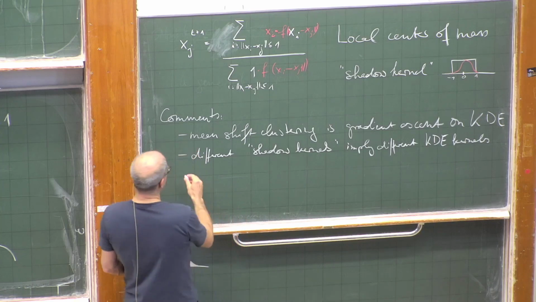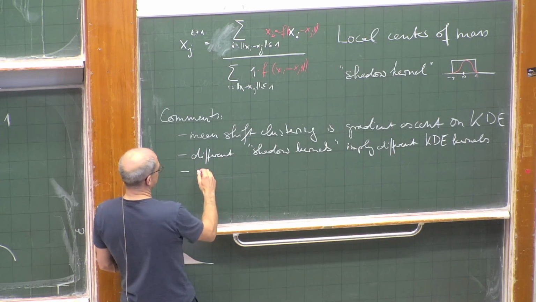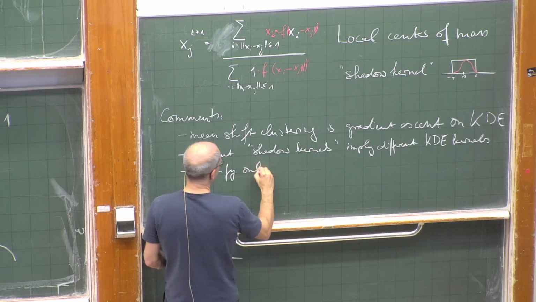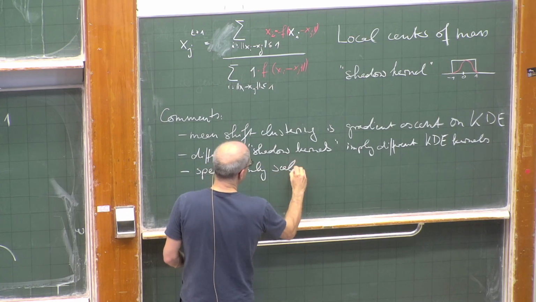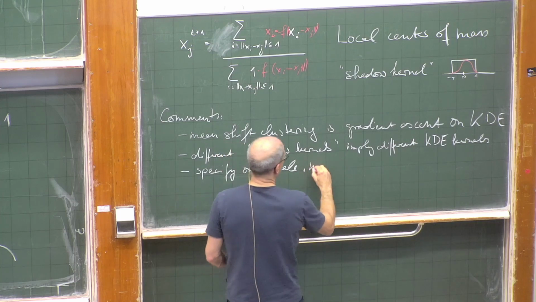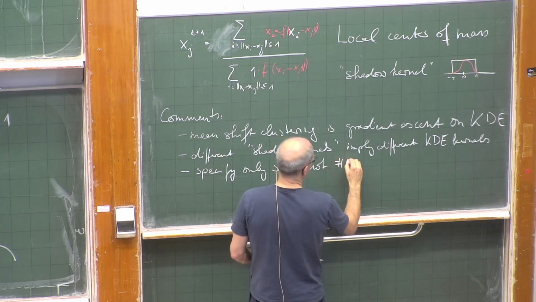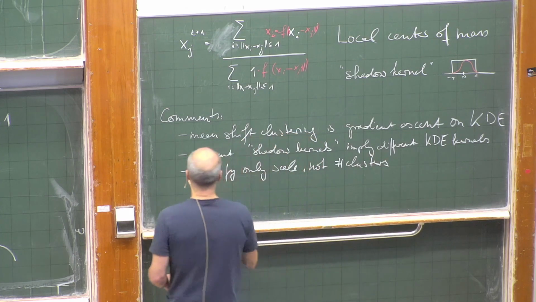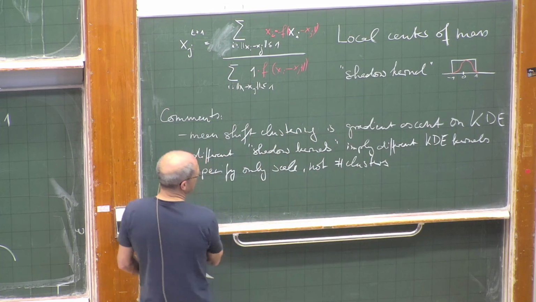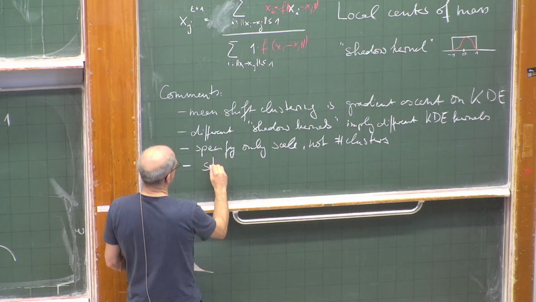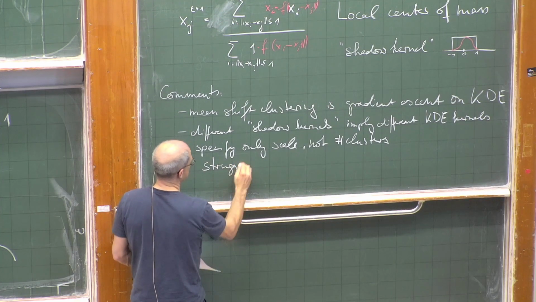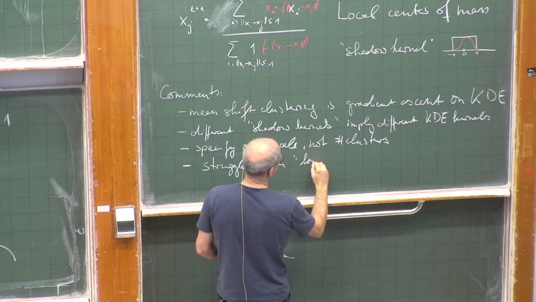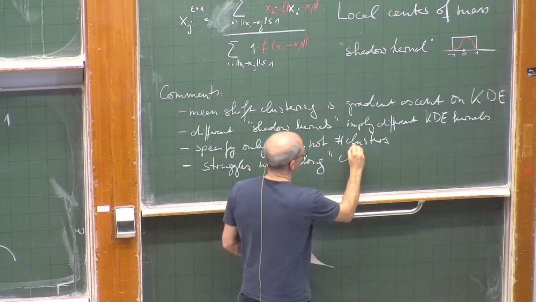What's nice is that we need to specify only the scale by choosing the width of the kernel. We don't need to specify the number of clusters. This is good. But on the other hand, it struggles with elongated clusters. I'm writing here, it struggles with long clusters.